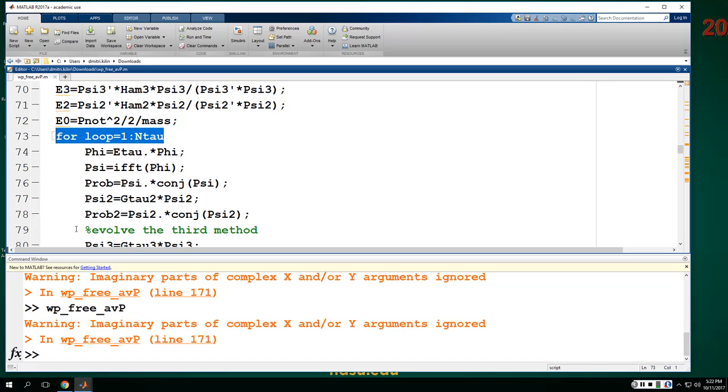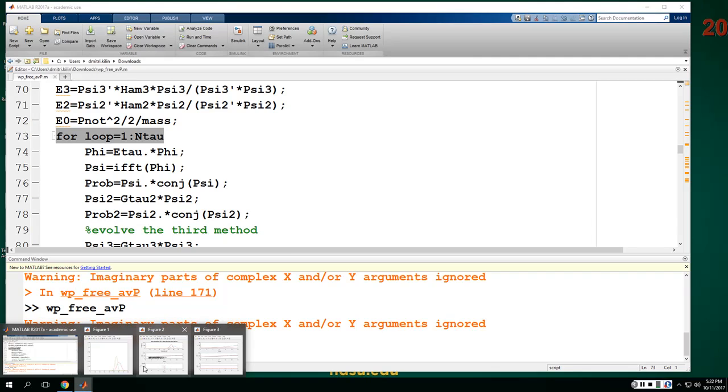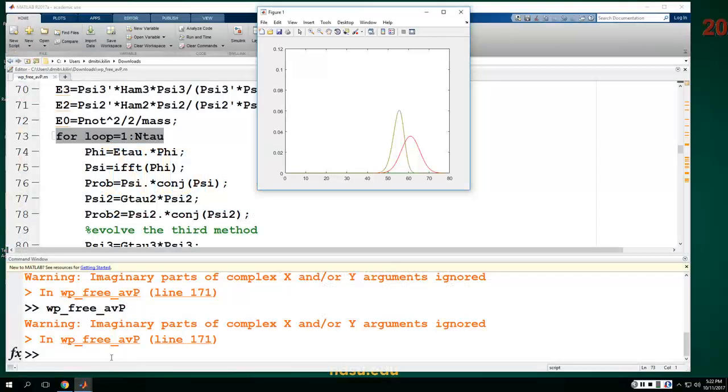Let me run the code once again and repeat this question with the specifics. So you start with one line, and then as time passes, they develop into 2. Both of them move from the left to the right.